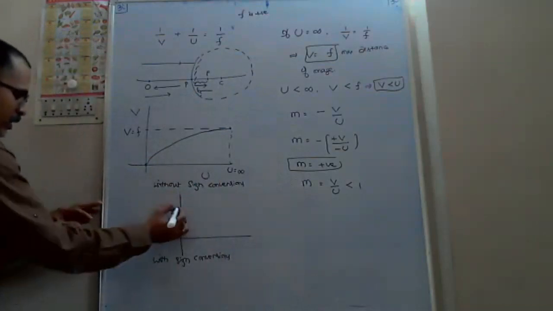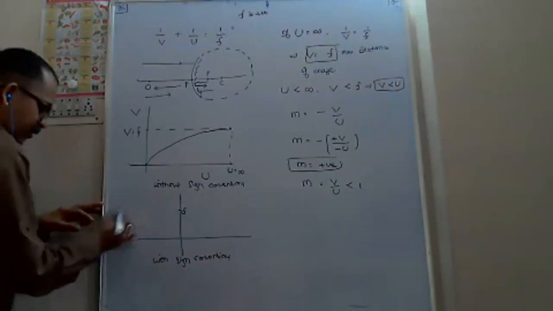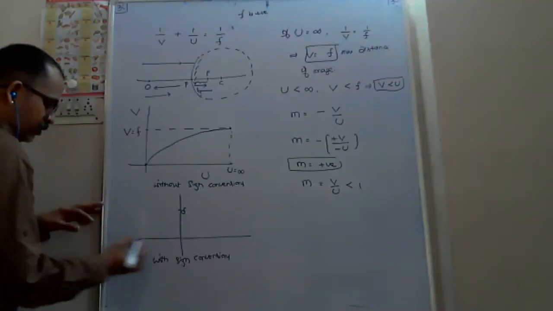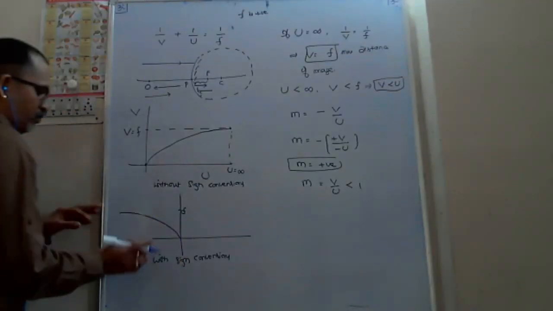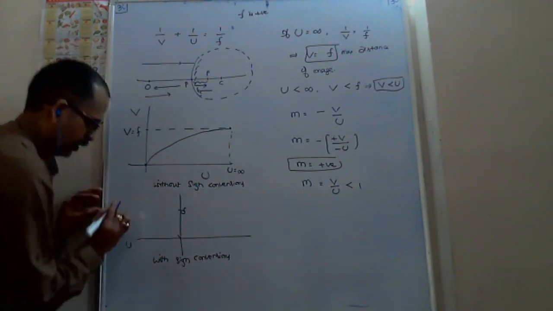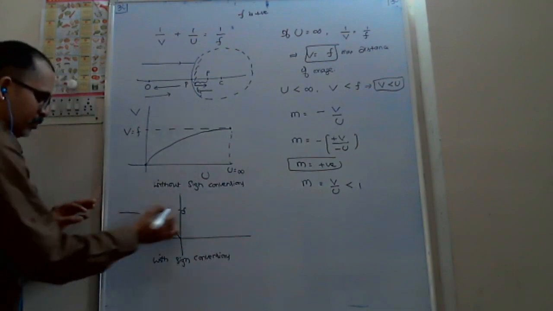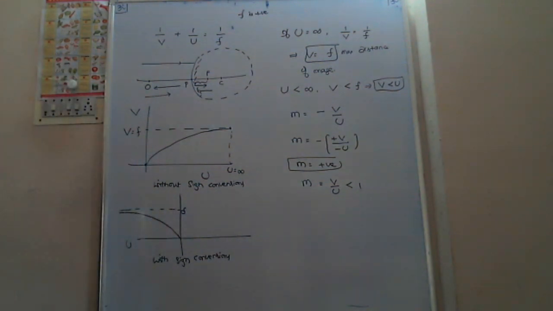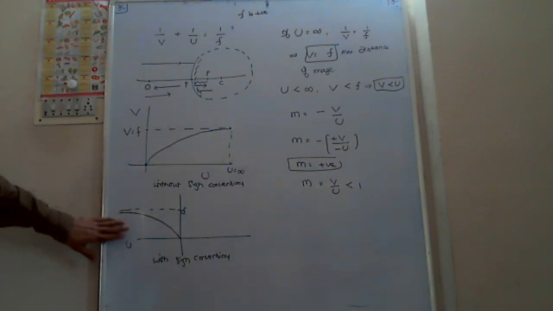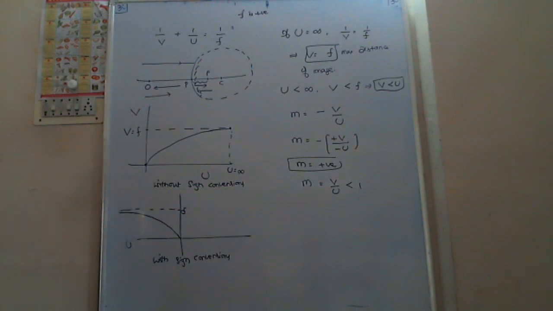Again it will lie between F and infinity somewhere from here to 0, and you will get a graph like this, a curve like a parabola. So if they ask, with the sign convention it is the second quadrant, and without sign conventions it is always the first quadrant.